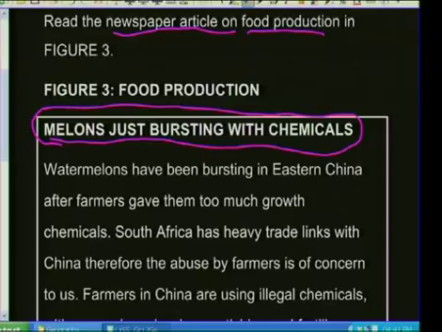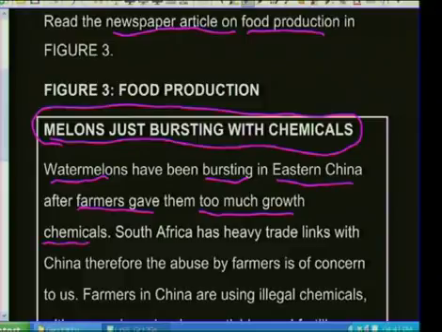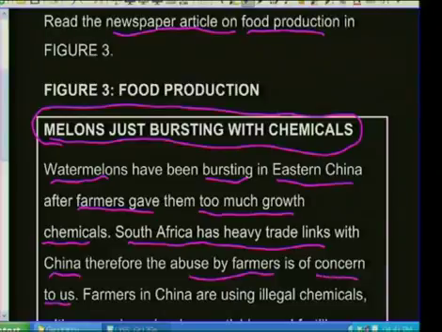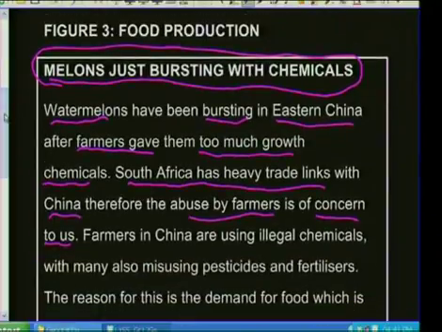Watermelons have been bursting in eastern China after farmers gave them too much growth chemicals. There's your problem here. South Africa has heavy trade links with China, therefore the abuse by farmers is of concern to us. We can see some injustices popping up, learners, like social, and possibly environmental also, because those chemicals are going into the environment, into the soil.